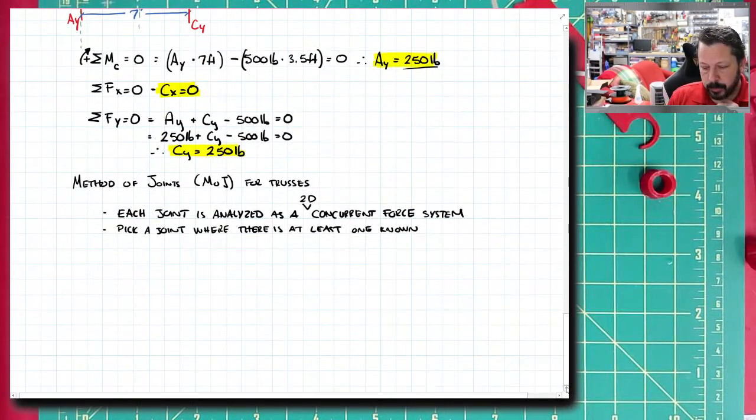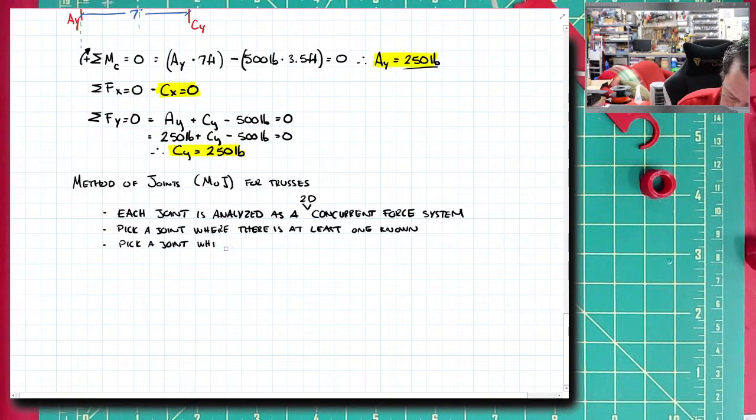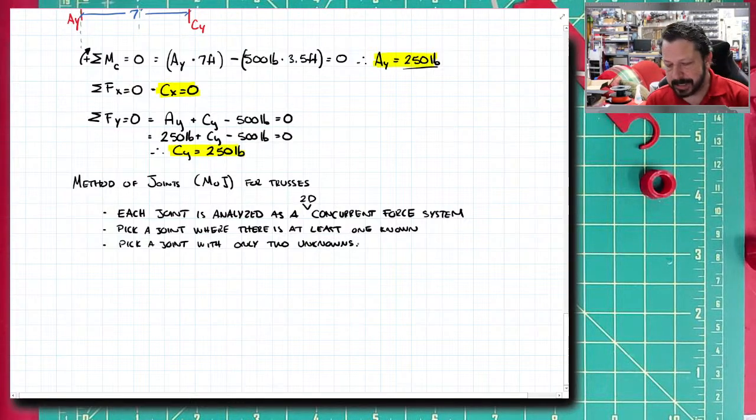So if you pick a joint where there's at least one known, then of those, pick a joint with only 2 unknowns. Now, sometimes this isn't possible, and you have to kind of skip around or do things simultaneously.